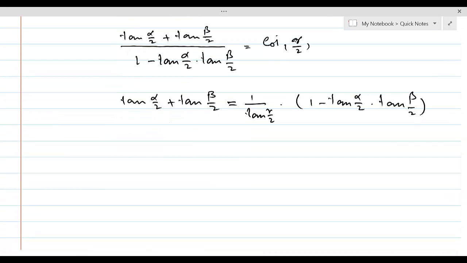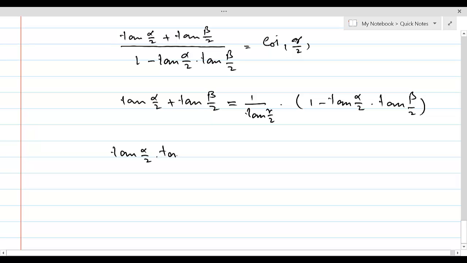So if we cross multiply this, this will become tan alpha by 2 into tan gamma by 2 plus tan beta by 2 into tan gamma by 2 equal to 1 minus tan alpha by 2 into tan beta by 2.